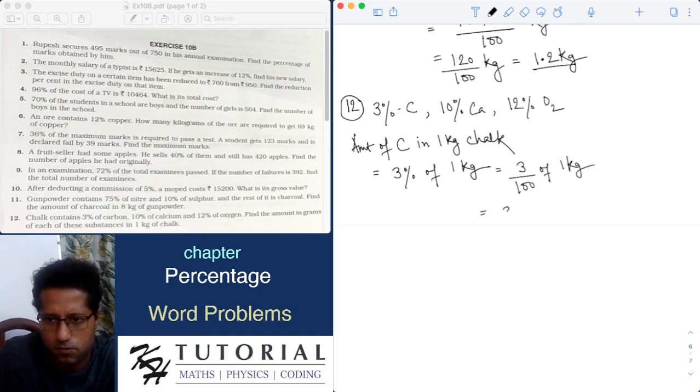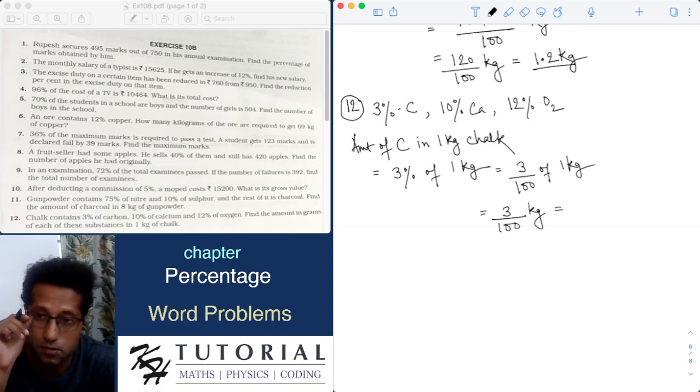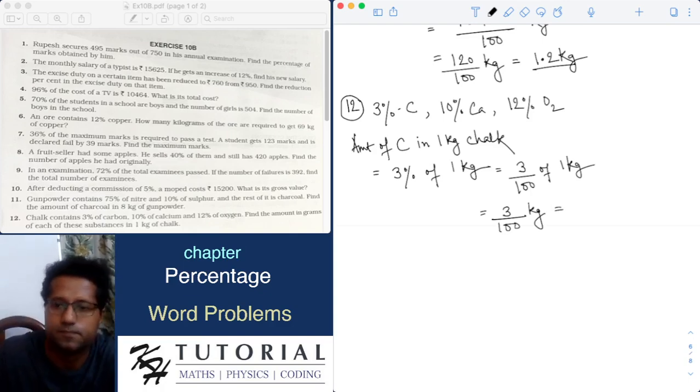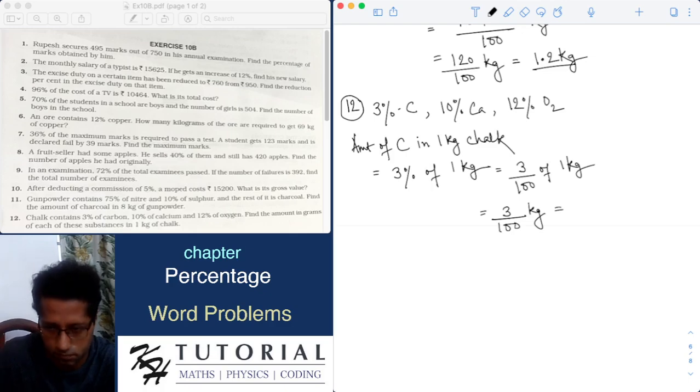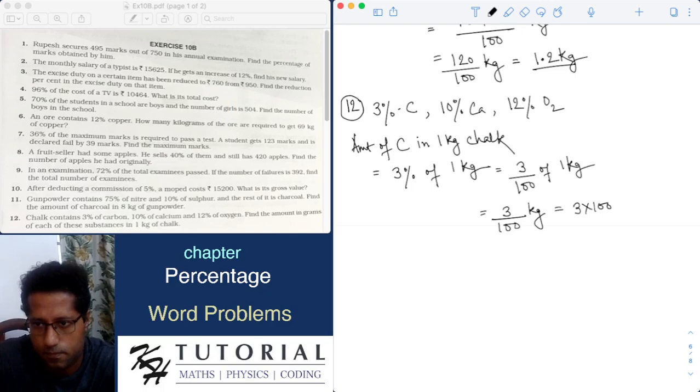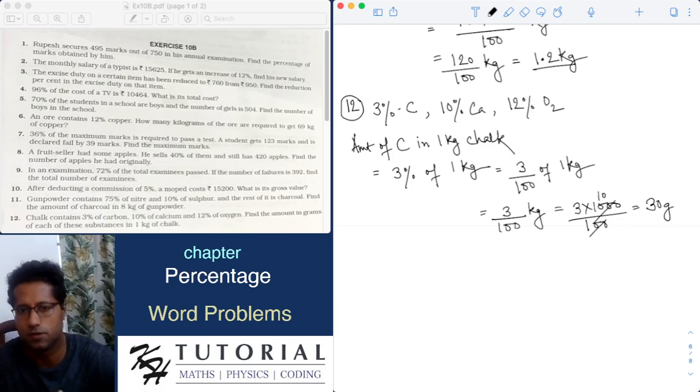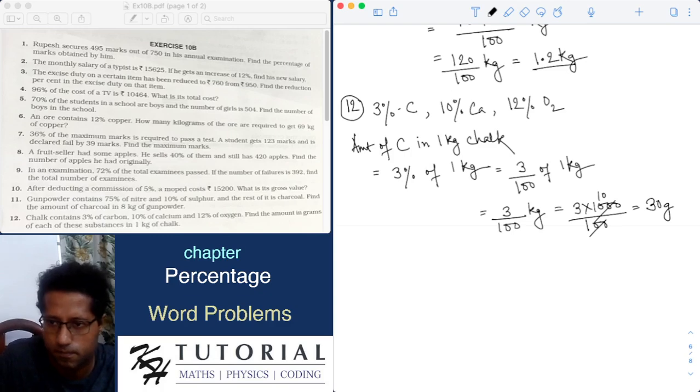This equals 3 by 100 kg. If we convert this to gram, we will multiply with 1000. So this is 30 gram. So amount of carbon in 1 kg of chalk is 30 gram.